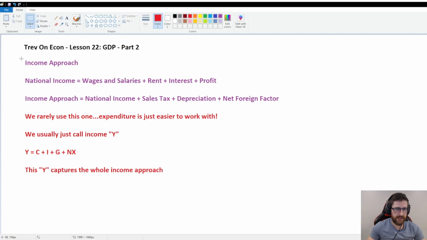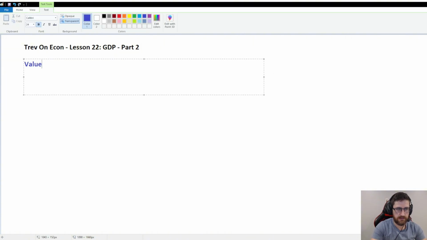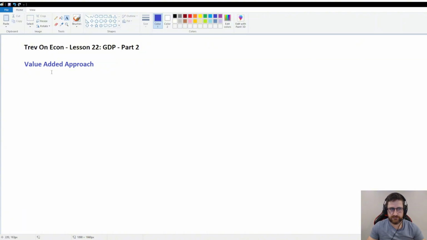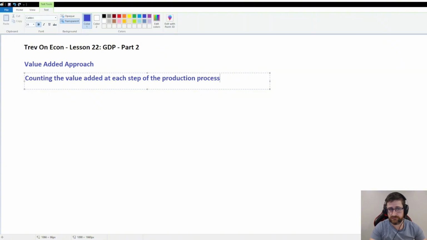The final thing is the value-added approach. This one is best shown through an example. What we're effectively trying to do is count the value added, hence the name, at each step of the production process.